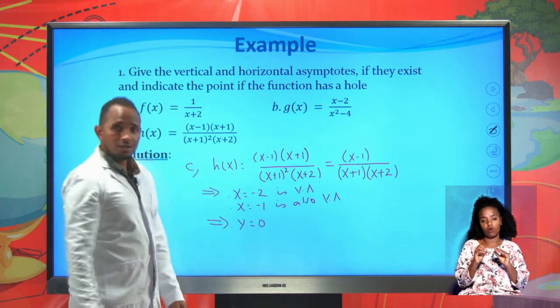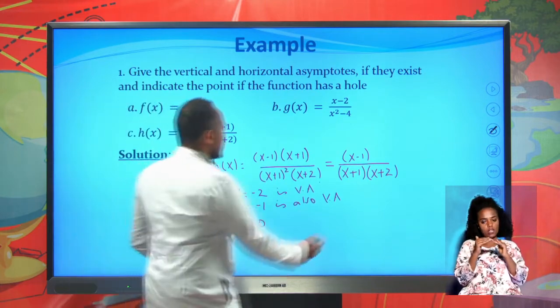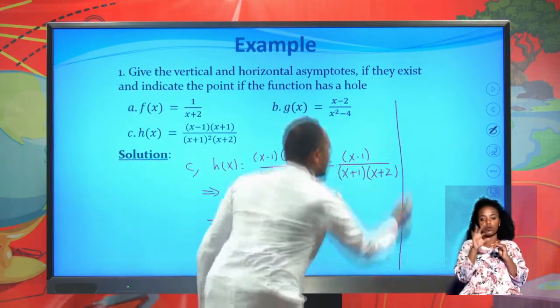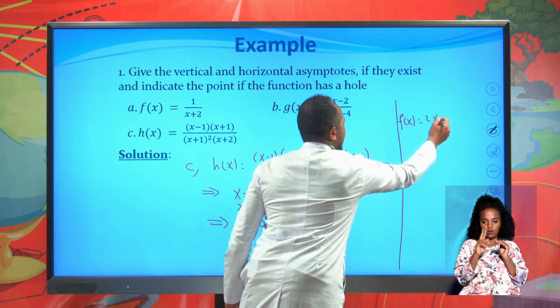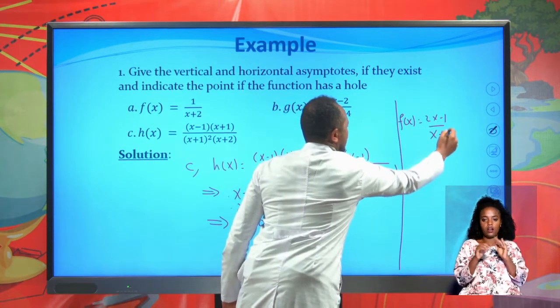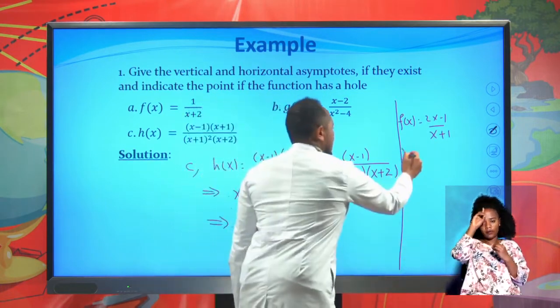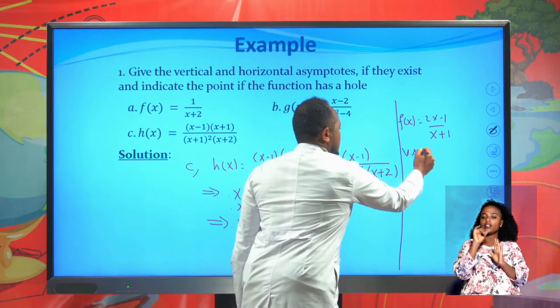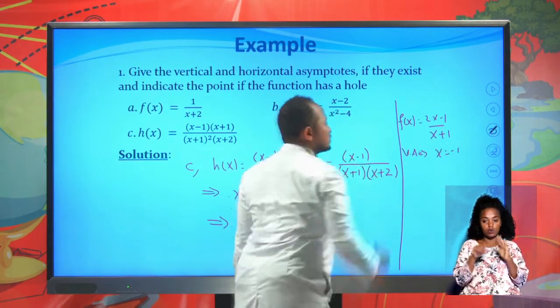By the way, if the degrees are the same, for example, f of x is equal to 2x minus 1 over x plus 1, they have the same degree. The vertical asymptote of this expression will be x equals negative 1 because this makes only the denominator 0.